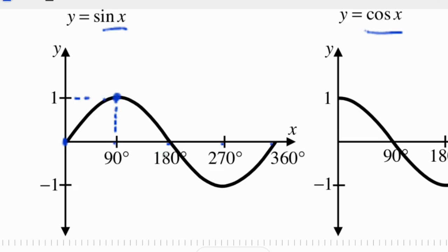When x was 180, y was 0, so it is a point over there. When x was 270, y was -1, so we have 270 that goes with that -1, and then we have a point there. And when x was 360, y was 0.